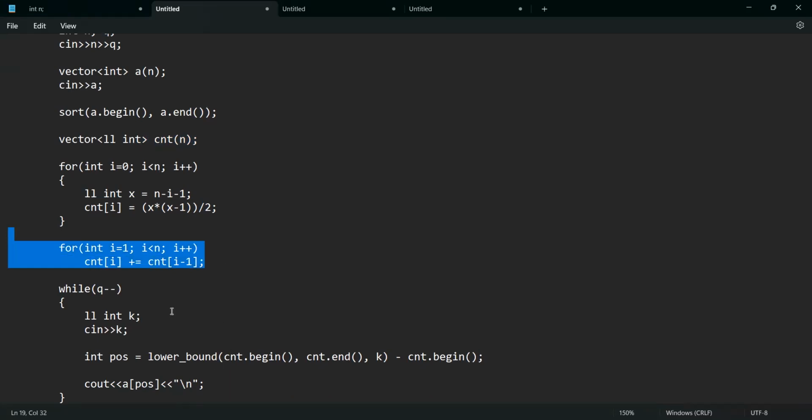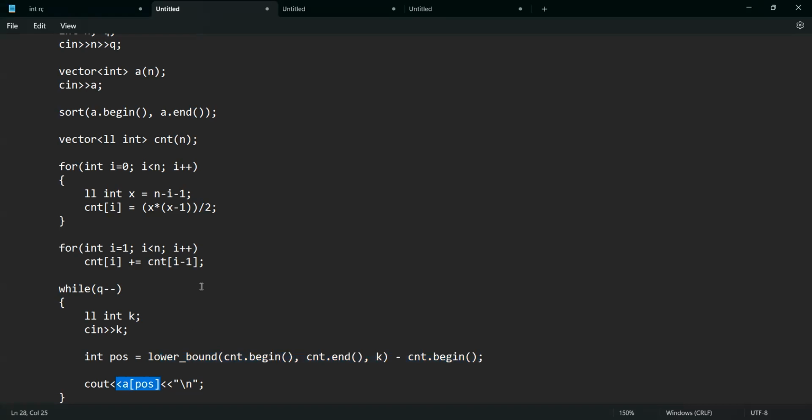And once I have calculated my prefix sum, I'm finding the first position which is greater than or equal to k. So lower bound gives me an iterator pointing to this position. I'm subtracting count dot begin so that I get the index. Once I get the index, I'm printing A of position.